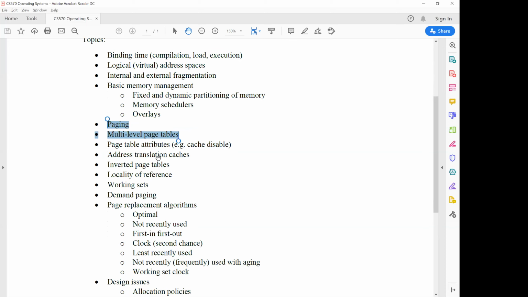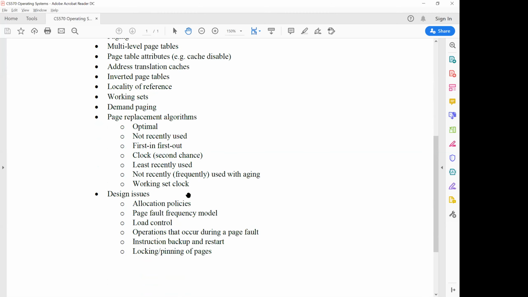We also talk for some calculation about effective access time with address translation caches. Address translation caches are called translation lookaside buffer, right? So with that, what would be the effective access time?